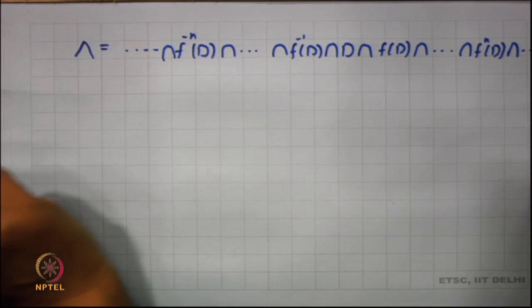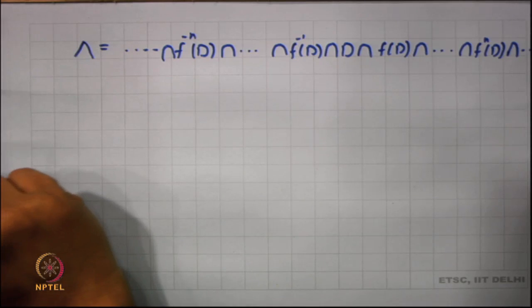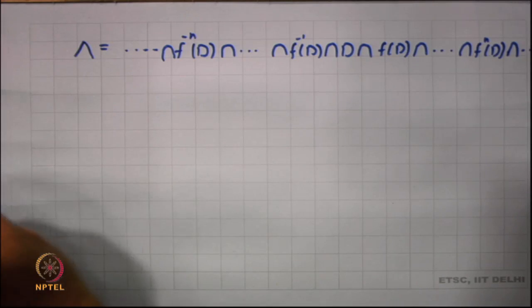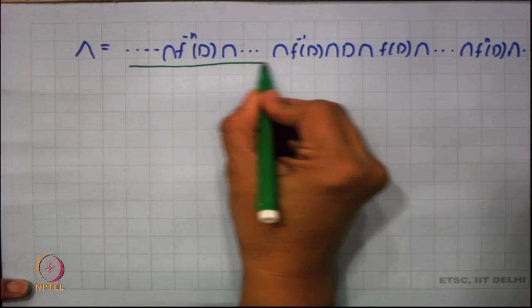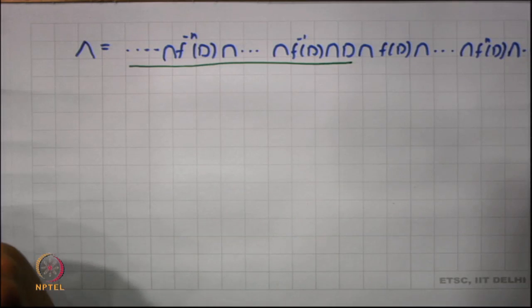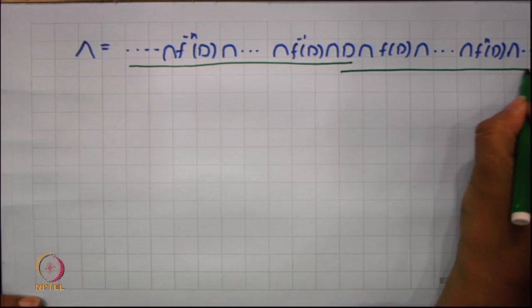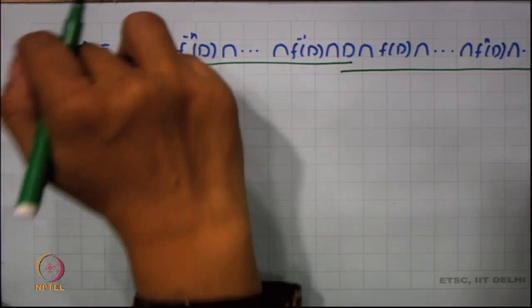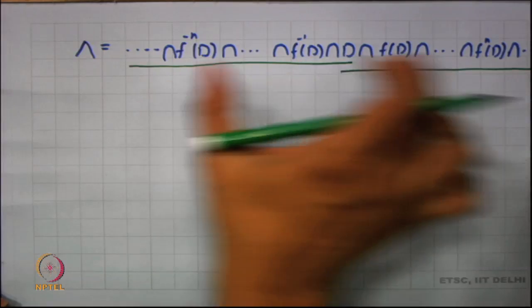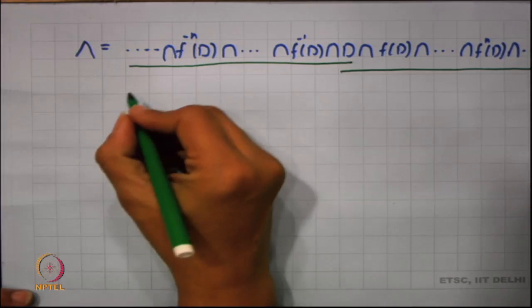So, we can try to visualize this Lambda by looking into two things separately. On one hand we have the negative iterates, and on the other hand we have the positive iterates. We consider these negative iterates and positive iterates separately and then intersect them to find Lambda. So, we will be looking into two sets.